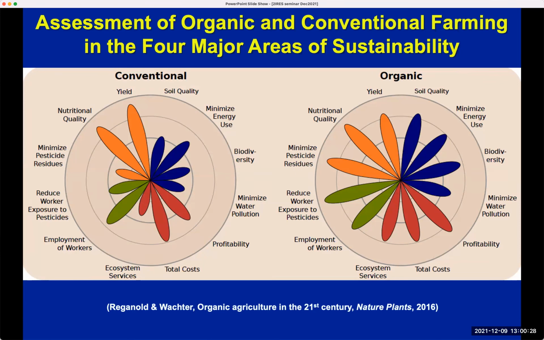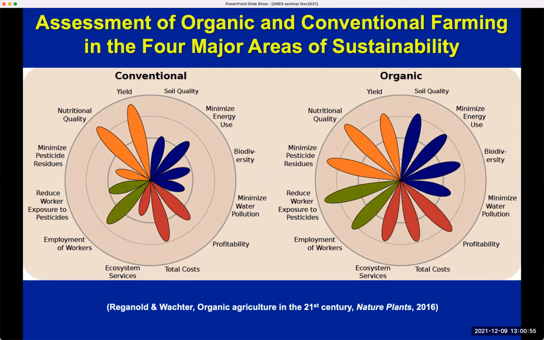And organic, it's not perfect, but when we compared across about 1,000 studies, as far as balancing the metrics, organic does better. Conventional really does well with yield, does fine with nutritional quality and total cost, but in the other areas it tends to fall short.